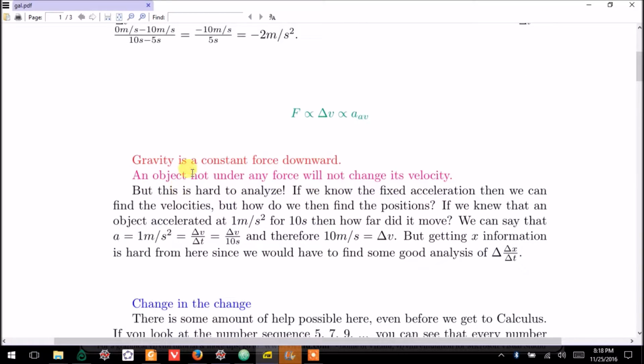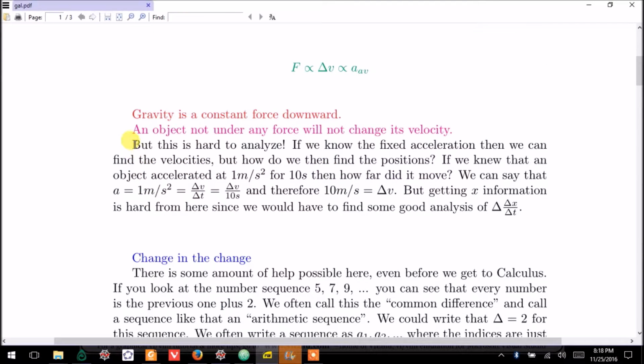Now, let's think about what this theory of physics predicts, and how could we test whether it gets predictions right? Well, we need to know where an object should be located at what time. But how do we figure that out? When it was a constant velocity, the acceleration was 0.